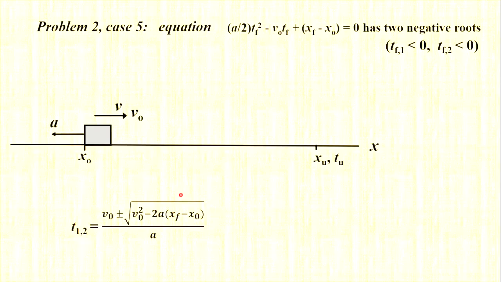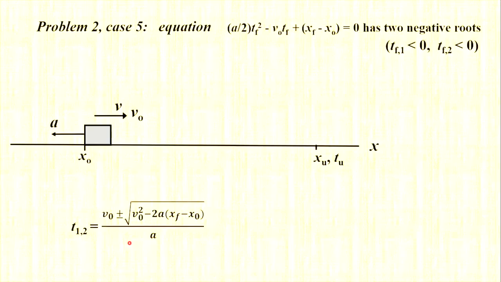To analyze this answer, we take into account that v0 is positive. To have two roots, the expression under the root should also be positive. And when we take here the plus sign, we will have the sum of two positive numbers in the numerator divided by a positive number in the denominator.